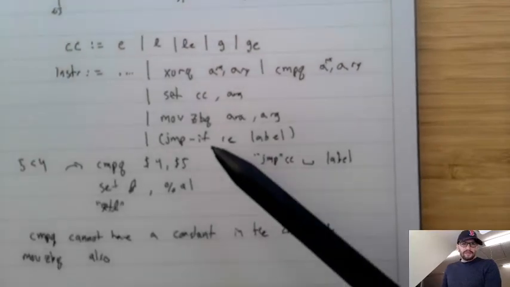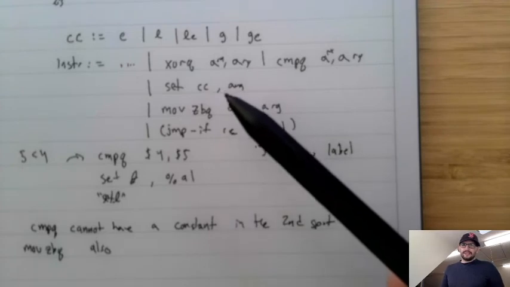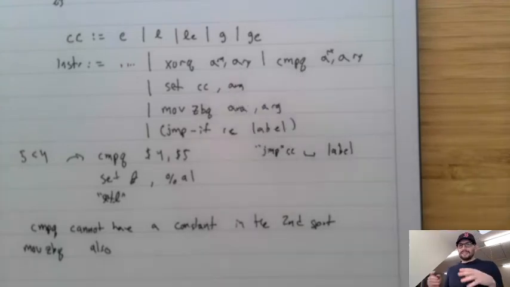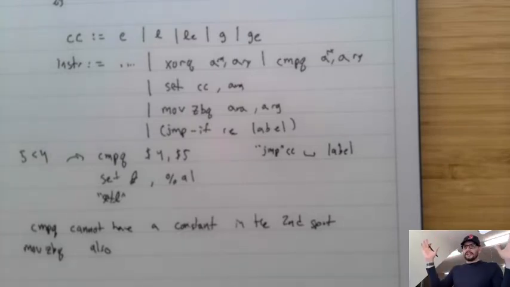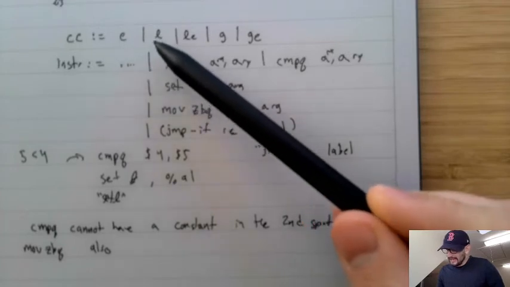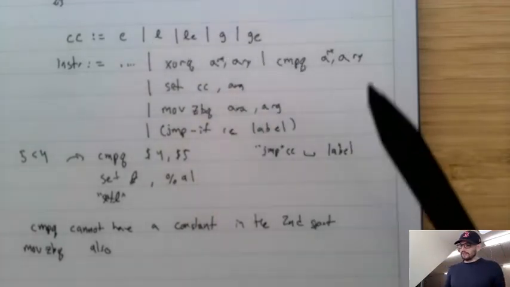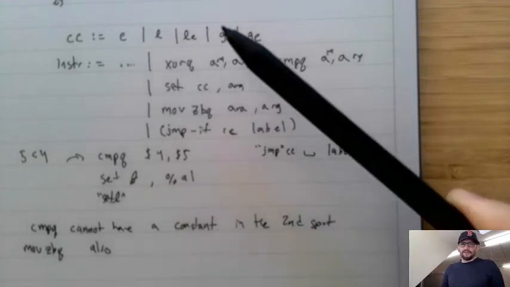A jump if is pretty straightforward. Really, the compare and the set is the thing that's most complicated. Basically, when you do a comparison, you can kind of think of it like this. It changes a whole bunch of global variables to be the answer to all of the comparison questions. Imagine that your X interpreter has a variable called E, L, LE, G, and GE. So it has these 5 global variables, and when you do a comparison, it modifies those.